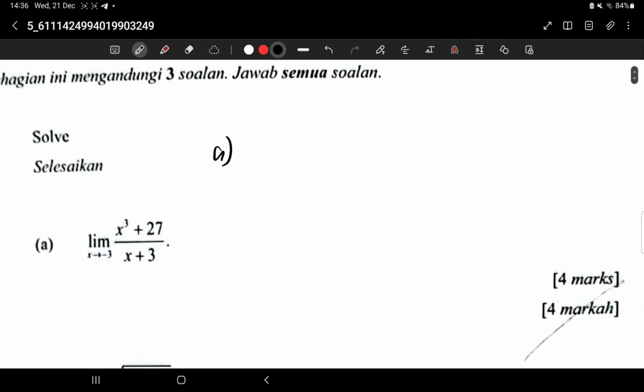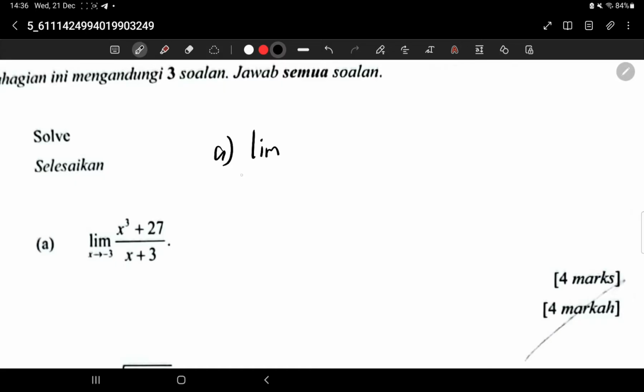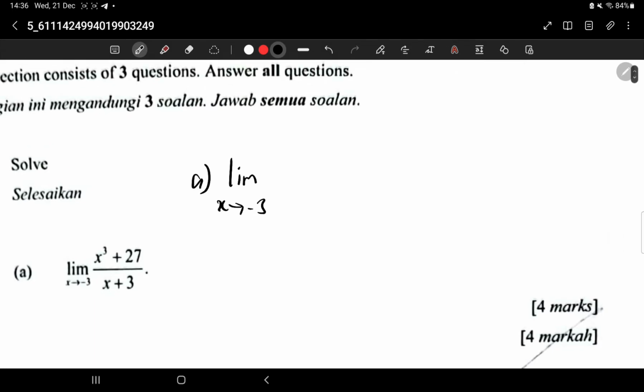So let us try and factorize x cubed plus 27. 27 is basically a perfect cube. Am I saying correctly? Yes, it is. So limit as x approaches -3 of x cubed plus 27 over x plus 3. I know that 27 comes from 3 to the power 3, so it's the same form.